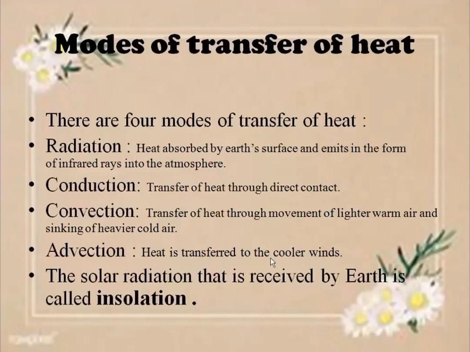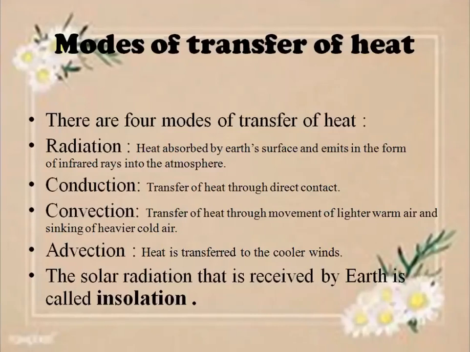The Earth's atmosphere is heated by the radiation by absorbing the heat from the sun and then emits it in the form of infrared rays into the atmosphere. In conduction, that occurs by transfer of heat through direct contact.